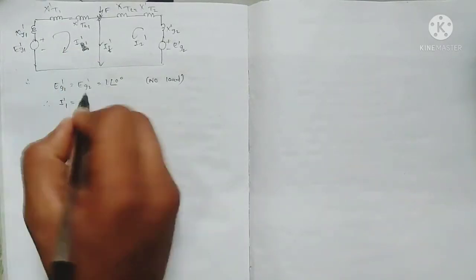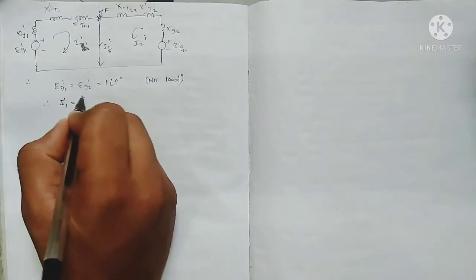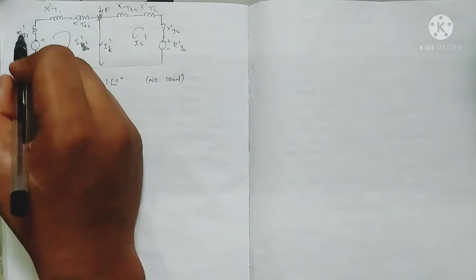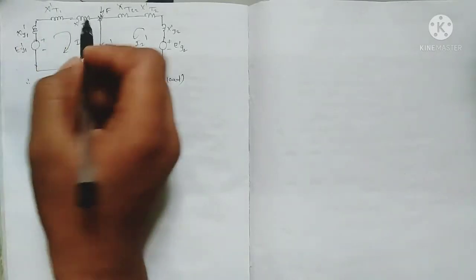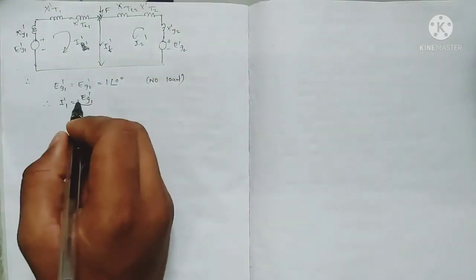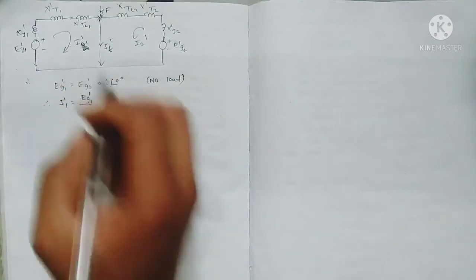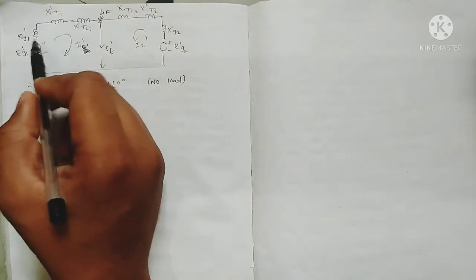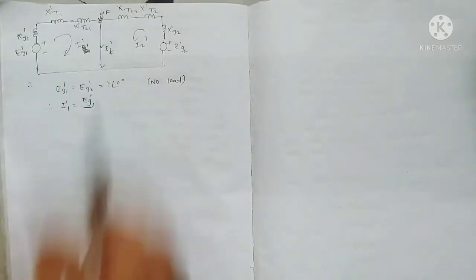I1 dash is equal to, according to the formula, the voltage Eg1 dash divided by the total impedance. We need to add all these reactances, that is G1, T1 and TL1.